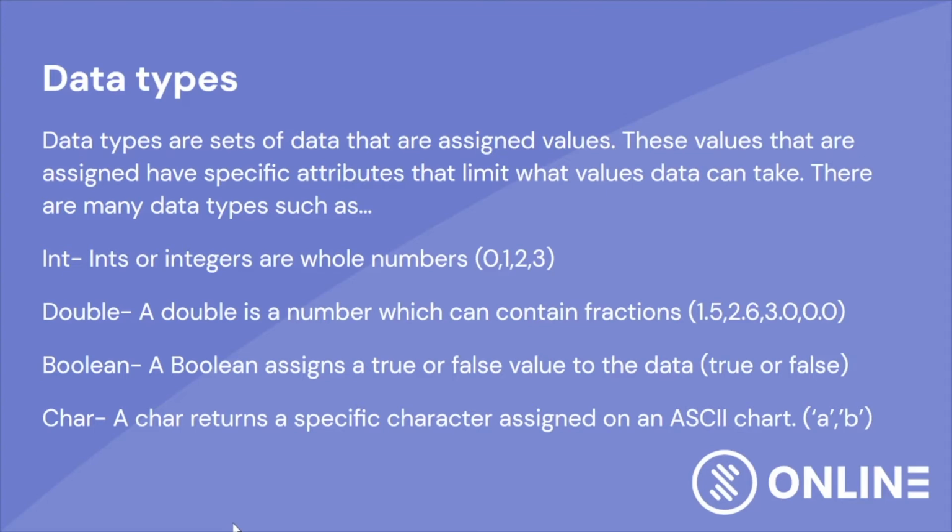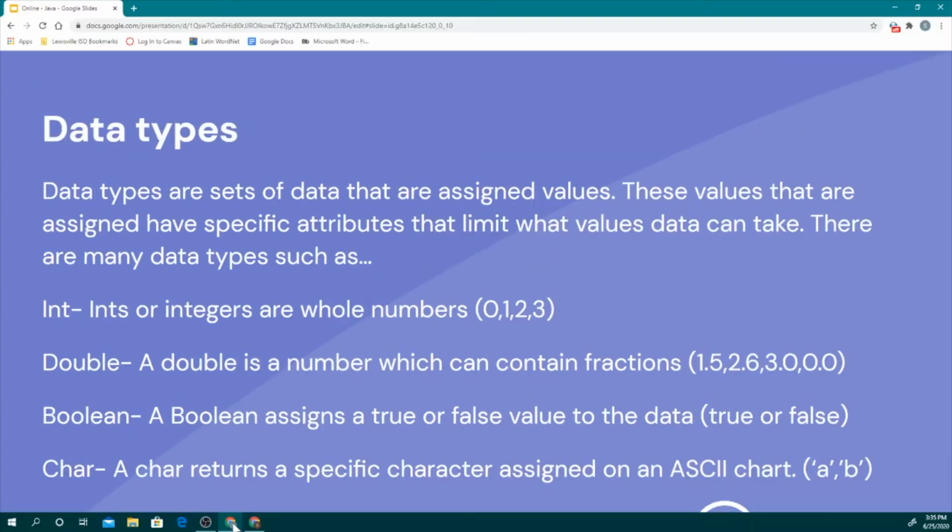Okay, so now we're going to look at char. A char returns a specific character assigned on an ASCII chart. Those are characters like A or B. And yeah, so they're basically characters.